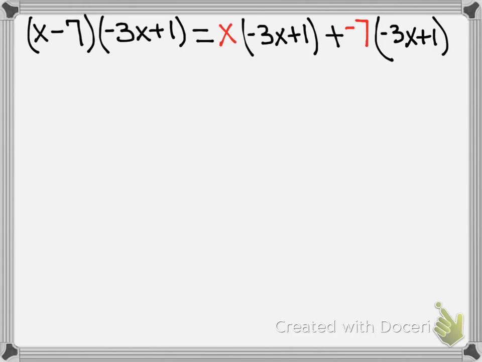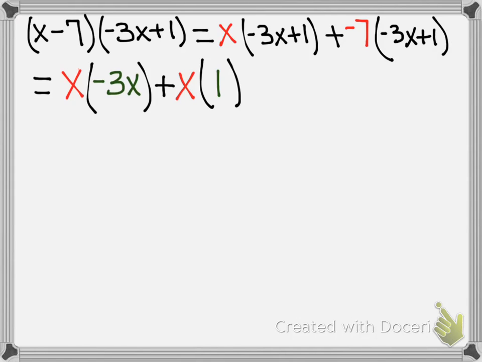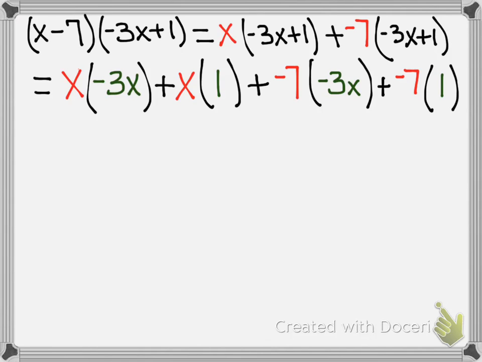And ladies and gentlemen, we apply the distributive property from there. And x times negative 3x plus x times 1. Then we have plus negative 7 times negative 3x. And we have again plus negative 7 times 1.